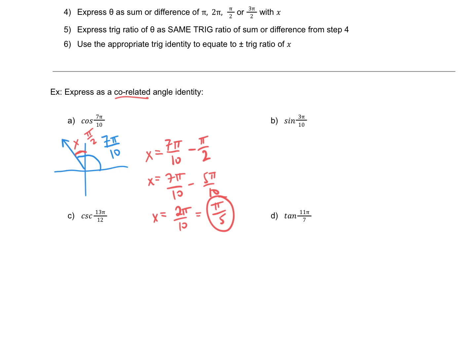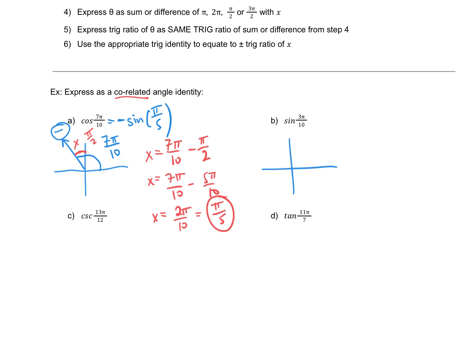Now I also know cos and sine are complementary to each other, but we're in quadrant 2, where only sine is positive, which means our cos will be negative. So we're going to have negative sine of the complementary angle. And there we are. Let's try the next one.